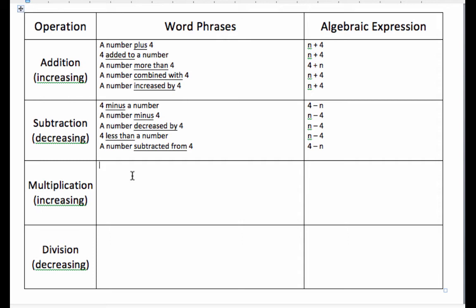Our next one is multiplication, and I saved these last 2 for last because they're going to probably be the easiest for you since we've already done algebraic expressions with multiplication and division.